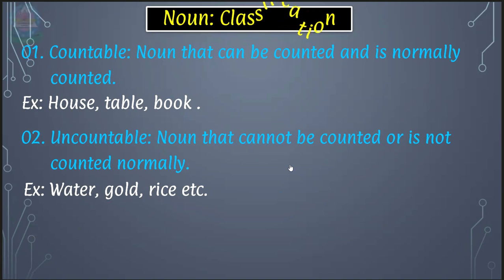The nouns that you can see are called concrete noun. But you will find some other nouns that you cannot see. The nouns that you cannot see are called abstract noun. So this is the later part.